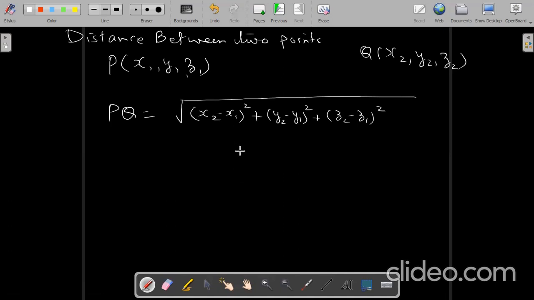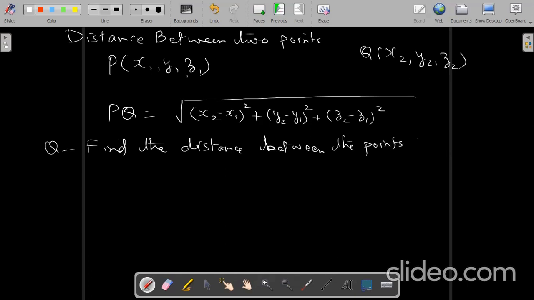Now we have a question, a very simple type of question. Find the distance between the points A, whose coordinates are 2, 3, 1, and B, whose coordinates are 1, minus 2 and 0.